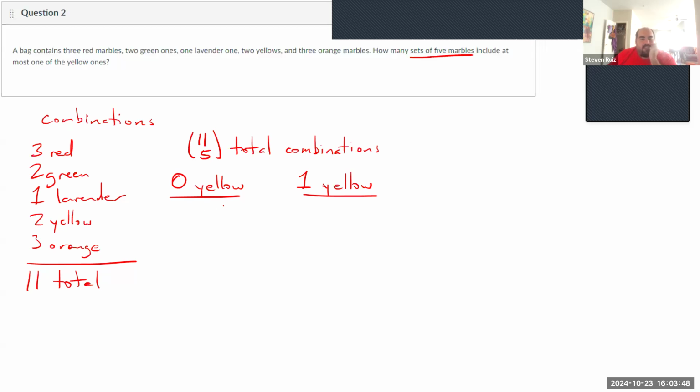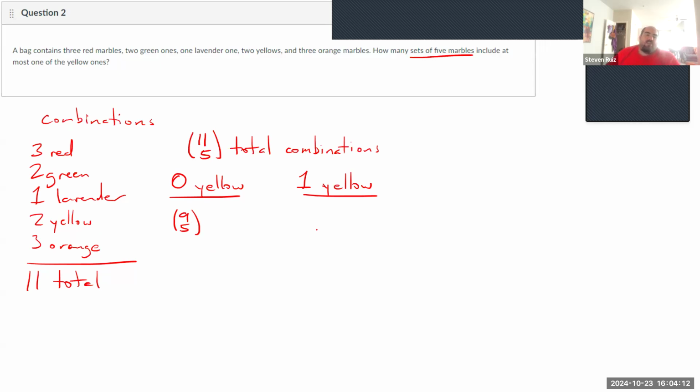How many combinations have 0 yellow? If I avoid both yellows, then I have 9 choose 5, because 3 plus 2 plus 1 plus 3 is 9 marbles, and I'm choosing 5 marbles from those.